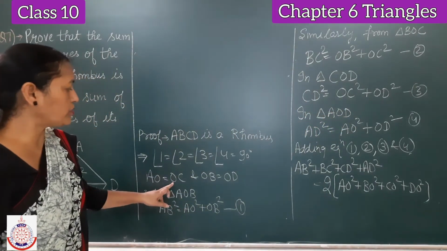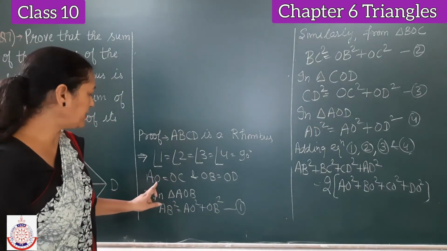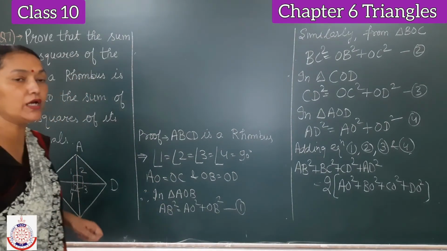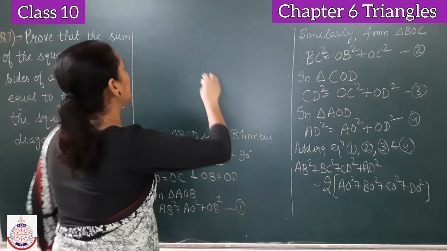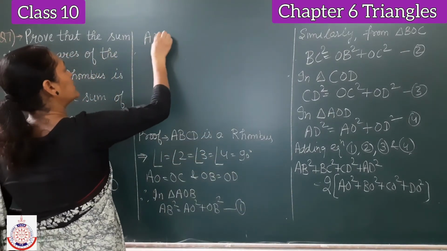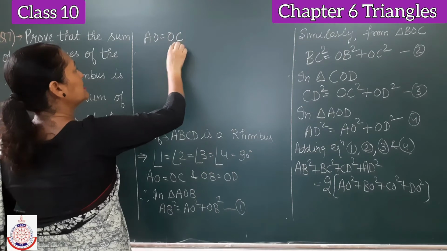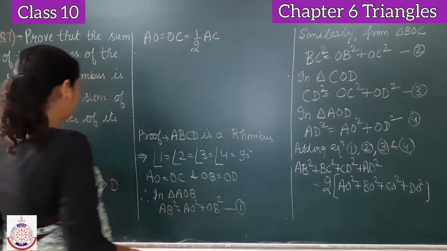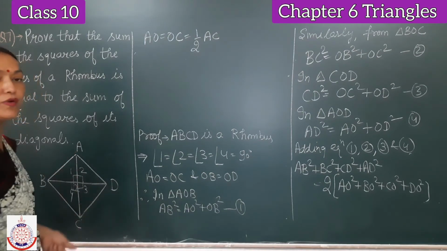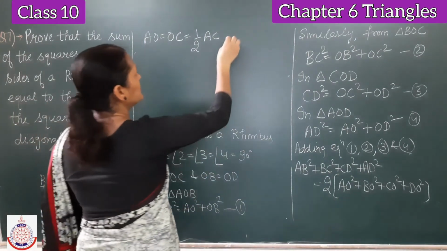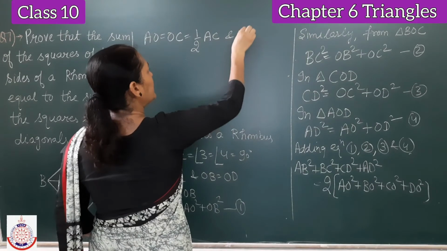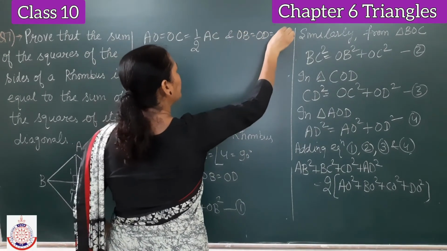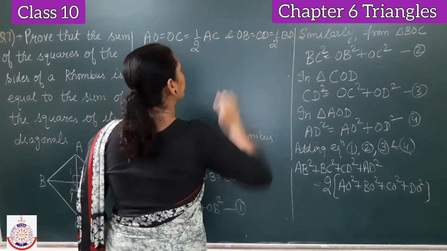Now, when we talked about the property of rhombus, we said diagonals bisect each other. That means AO and OC are equal, and we can say that both are equal to half of AC. This diagonal is bisected into two equal parts, and OB equals OD, and both are equal to half of BD.